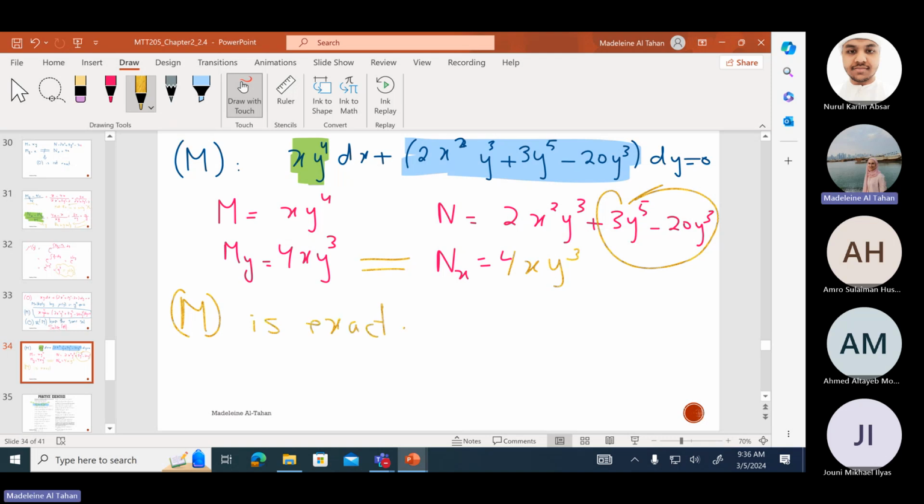If it is exact, how do we solve it? Can we solve it now? Okay, please, each two together solve it. We need to say f equals constant, f_x equals M, f_y equals N, and integrate.